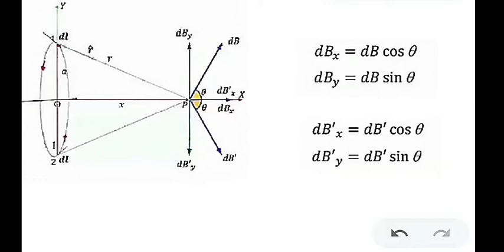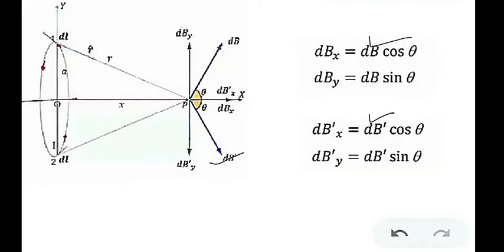Similarly, due to dB dash, the components are dB dash cos theta and dB dash sin theta. Here dBx is along the x-axis in horizontal direction, dB cos theta, and dBy, dB sin theta. Now dB dash is equal to dB, where dB equal to mu naught upon 4 pi I dl upon r square.